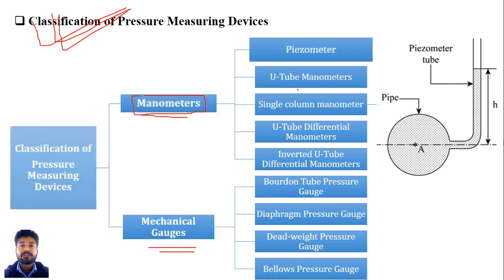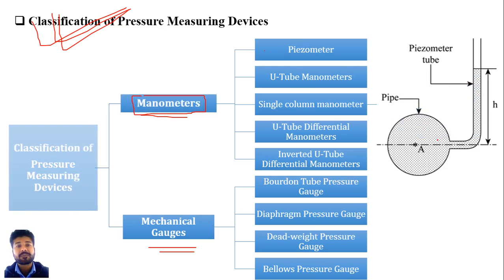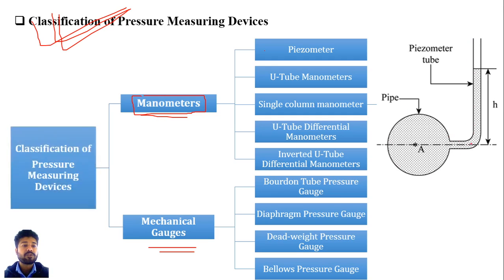In this classification, the first one is the piezometer. In this diagram you can see the figure of a piezometer. This is a vertical transparent glass tube which is held in this pipe, and here is the cross section of pipe A. If you want to find the pressure intensity inside this pipe, you simply connect this piezometer tube with the pipe where you want to measure the pressure.